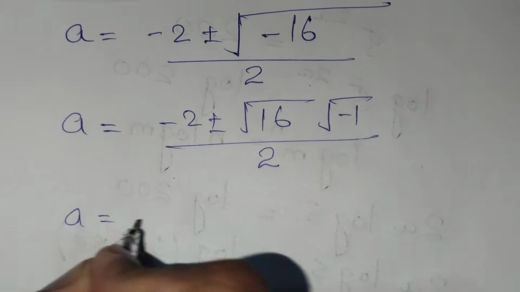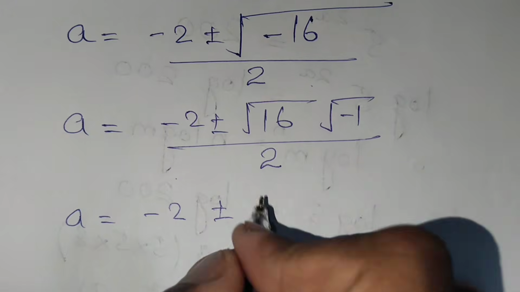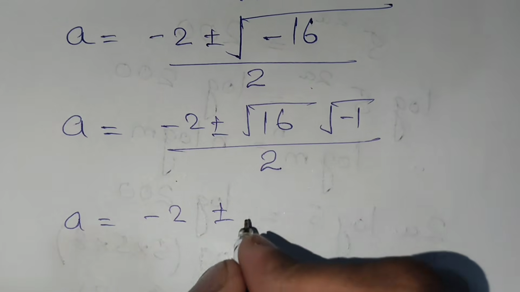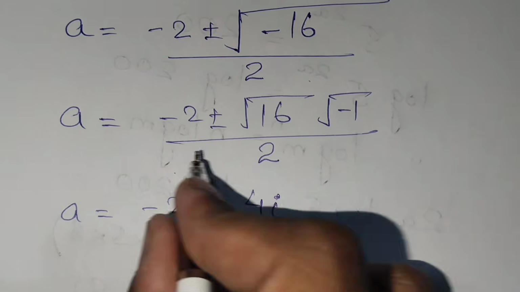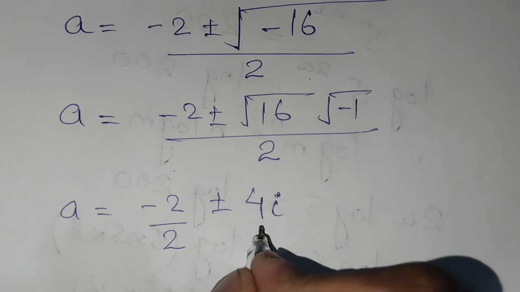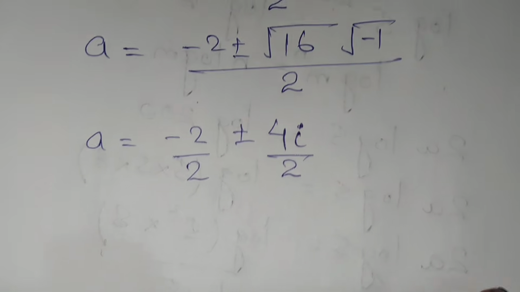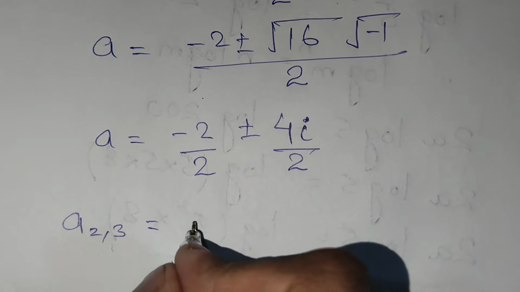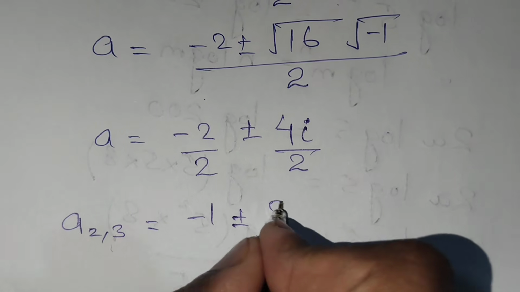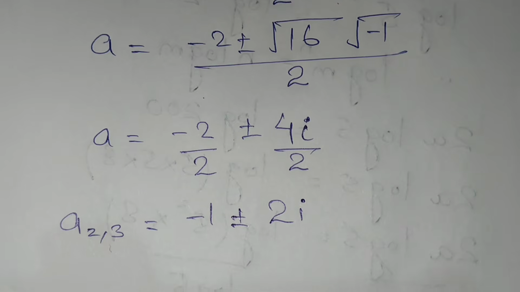So a will be equal to minus 2 plus minus square root of 16 is 4 and square root of minus 1 is iota. Dividing 2 on both, we get the second and third value of a, which is minus 1 plus minus 2 iota.